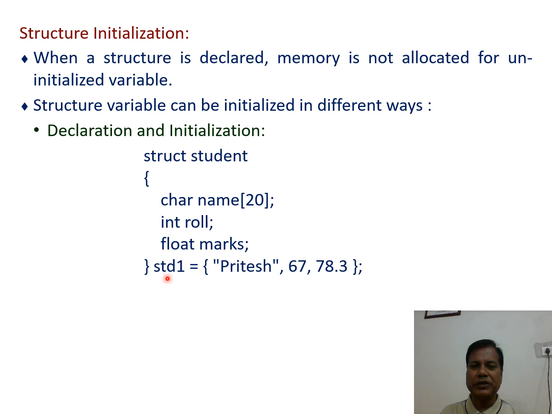So this structure variable is initialized. That is, name of student1 is Pritesh, its roll number is 67 and marks is 78.3. So in this example, declaration and initialization is done simultaneously.